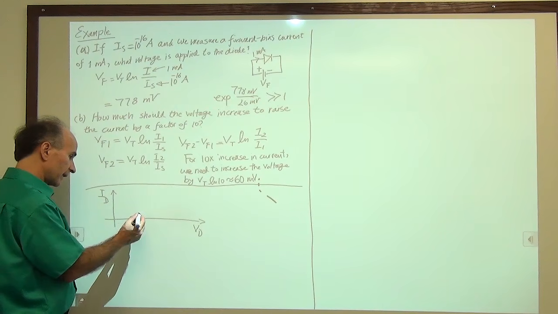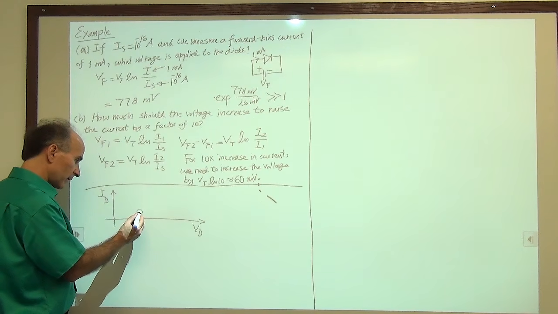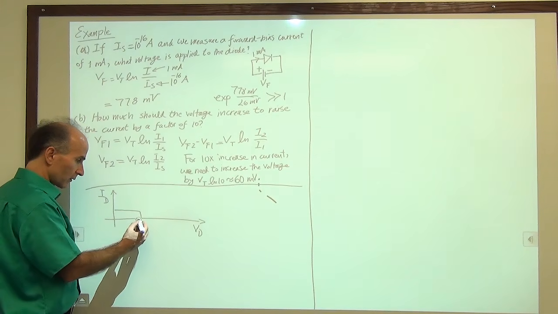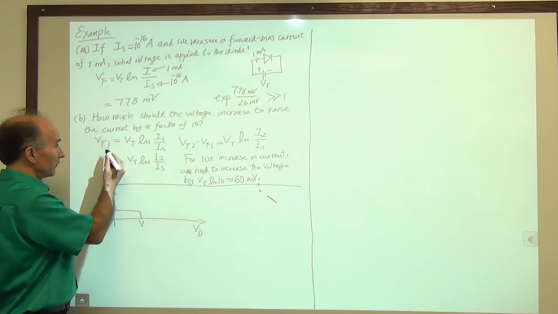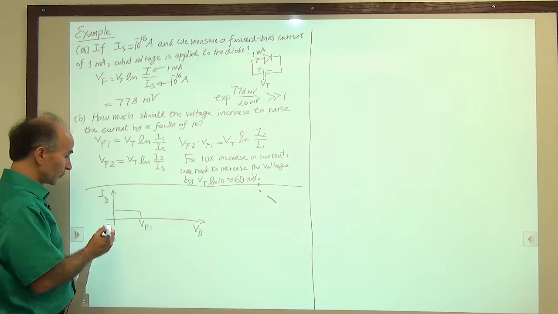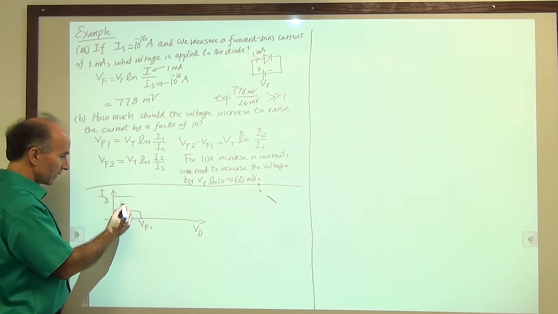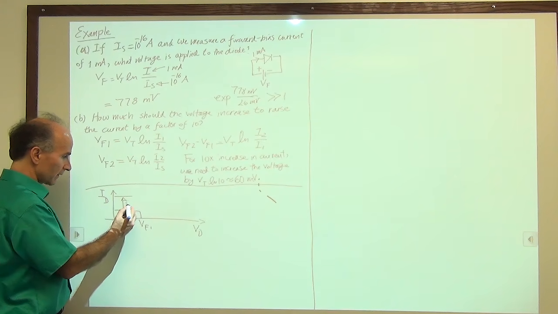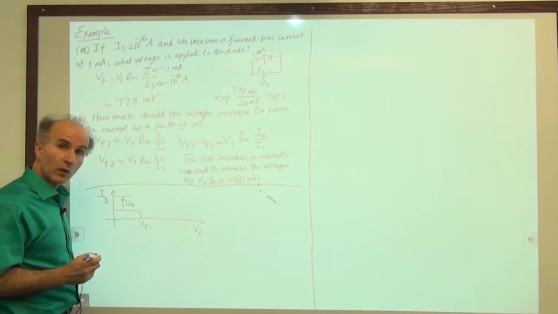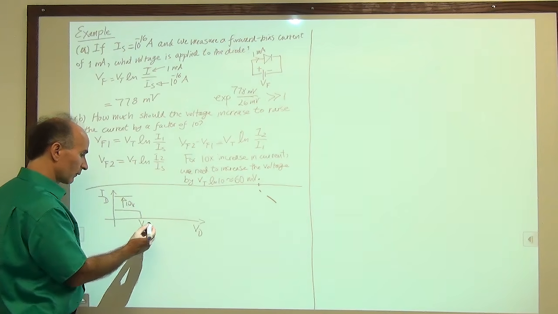Okay, so what we are saying is that if we are somewhere and we have a certain current, we have some voltage, so we call this, for example, VF1. Then to raise this current by a factor of 10, so a 10x increase, requires only 60 millivolts of change.